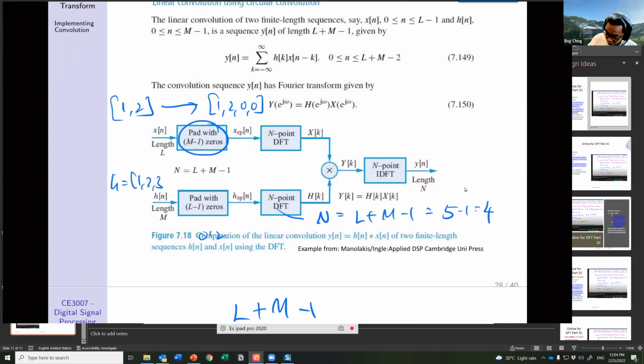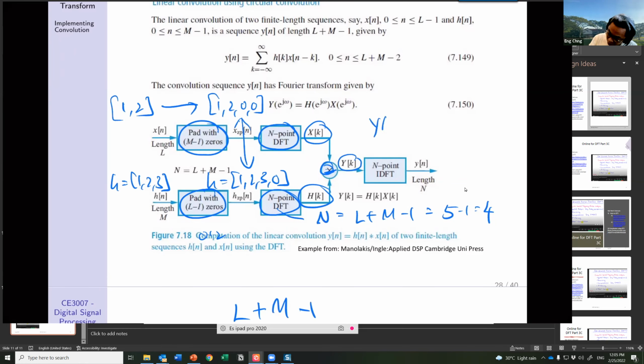I have to do zero padding, so my new h is 1, 2, 3, 0. Agree? I now have x and h with the same length. I perform N-point DFT on each of them. I get X[k] and H[k]. Because they are the same length, I can multiply each element by the other to get Y[k].